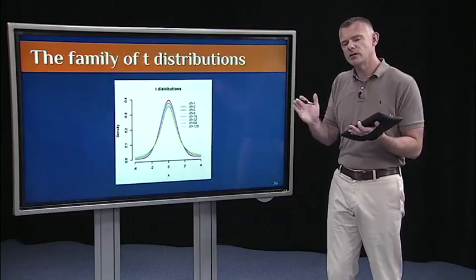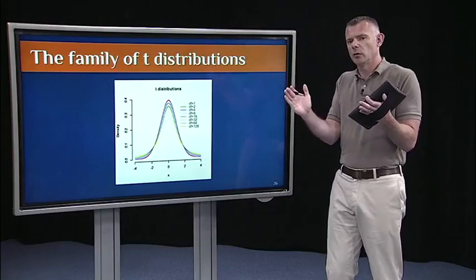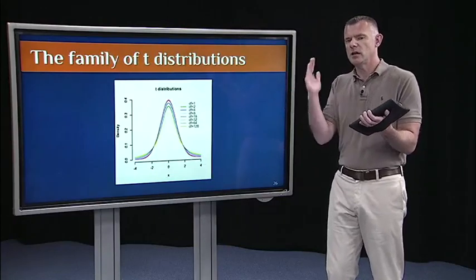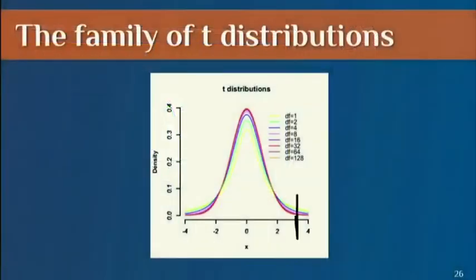But as your sample size gets smaller, your t-distribution gets a little wider, which means you need a larger t-value to get out into the extremes to get a low p-value.